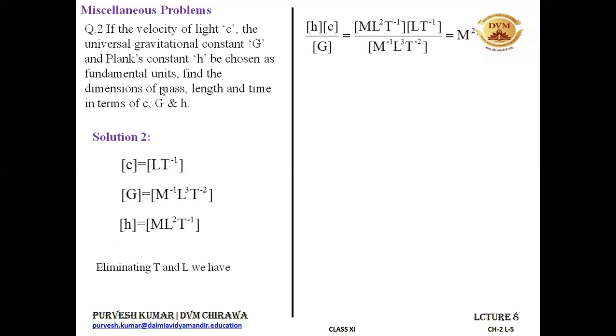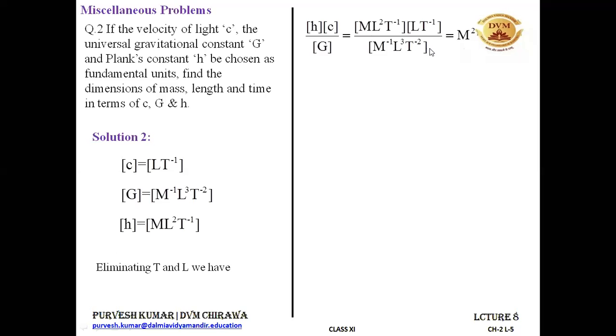All right. So that's what I've done. h multiplied by c divided by G. In that case, I can write that h has dimensions M L^2 T^-1, c has dimensions L T^-1, and G has dimensions M^-1 L^3 T^-2.